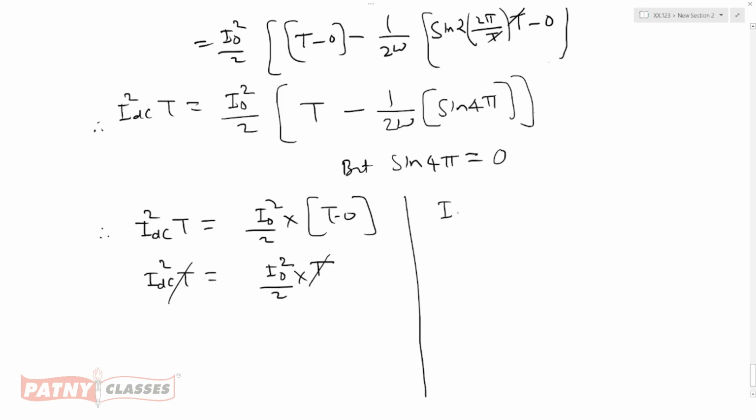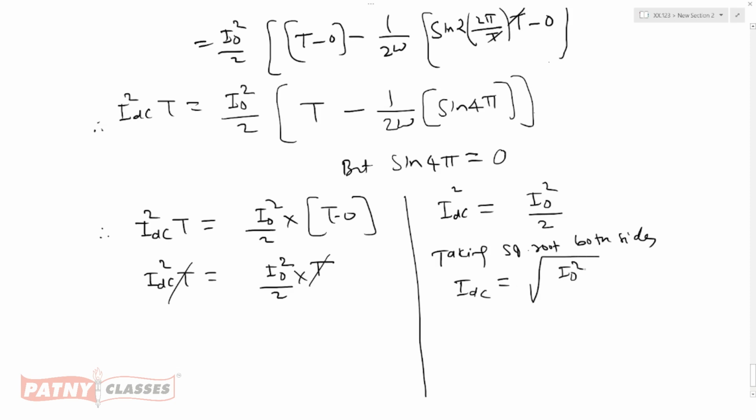We get I dc square equals I naught square upon 2. Taking square root on both sides, I dc equals under root of I naught square upon 2, so I dc equals I naught upon root 2.